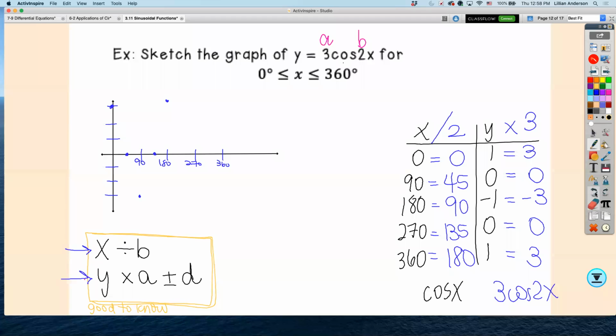It's hard doing it on the board, trying to graph this. I'm looking at it at an angle.